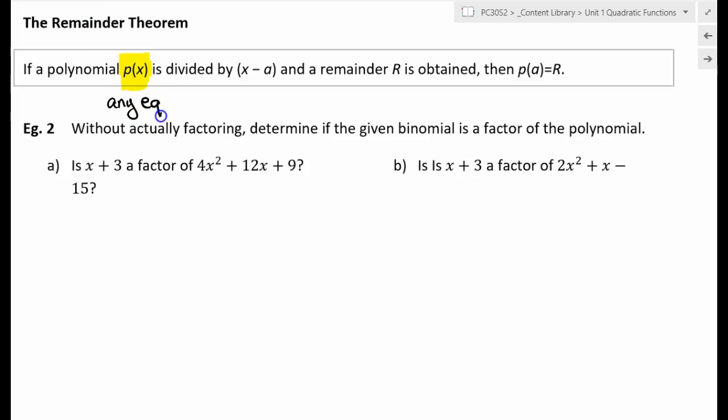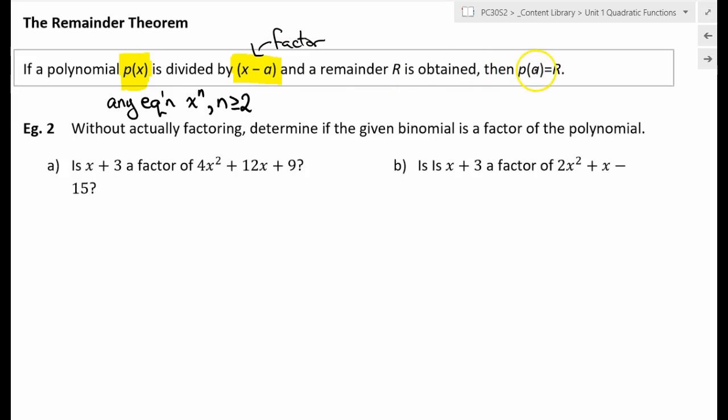Any equation where x is to the power of n and n is bigger than or equal to 2. Okay, if I'm asked if this is a factor, then my remainder is figured out by plugging in the number that's at the end.